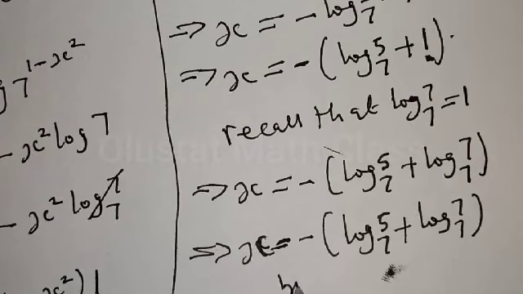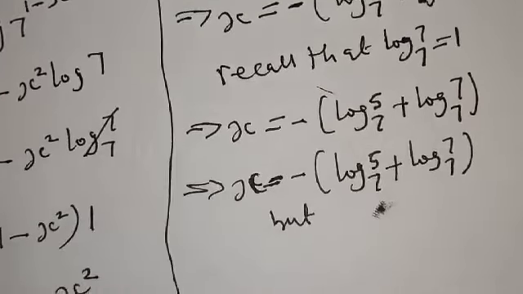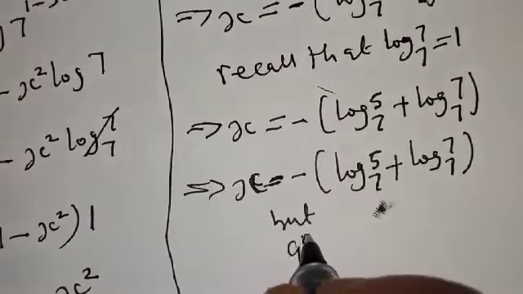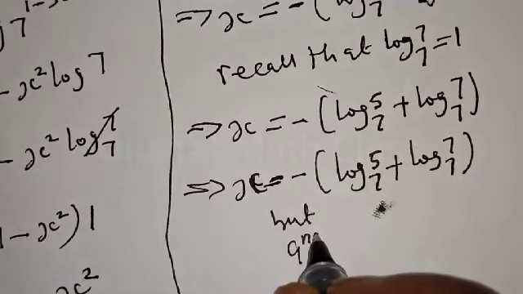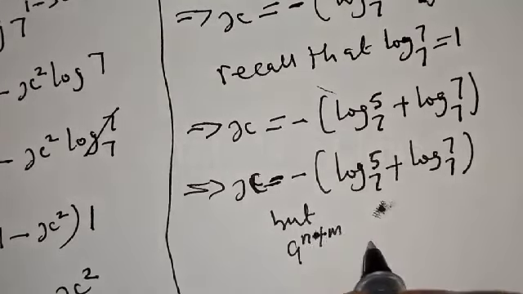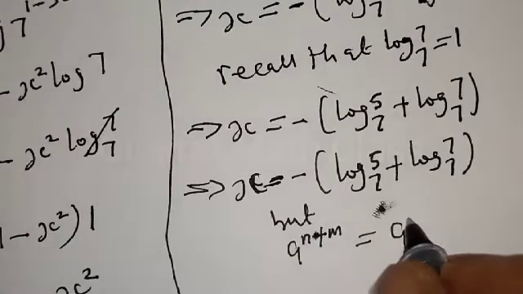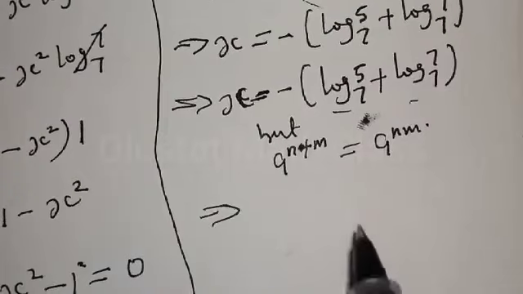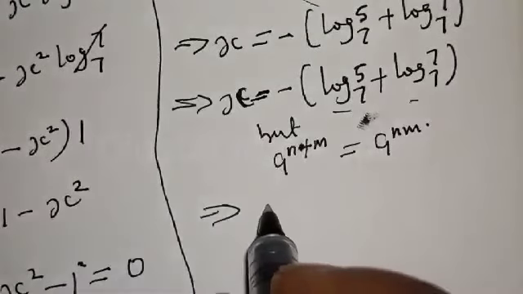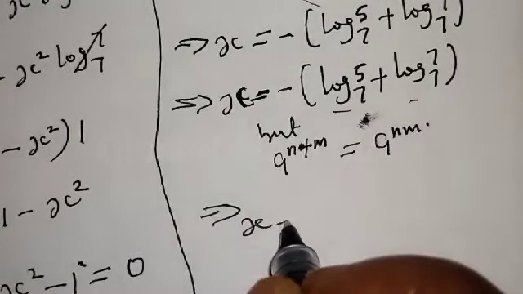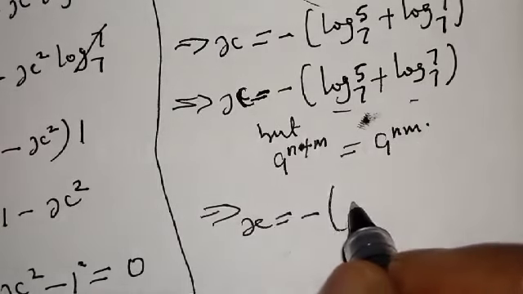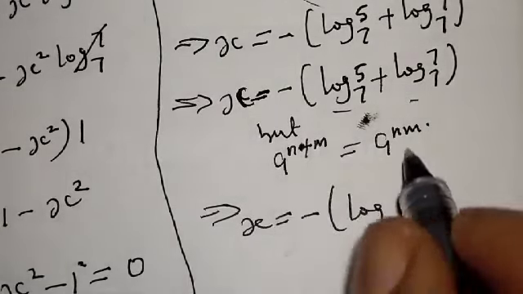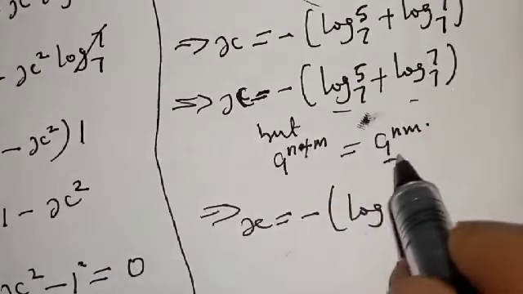But if you have log a plus log b, it is the same thing as log a times b. Then from here, this implies that we have x to be equal to minus into log 5 times 7 base 7.